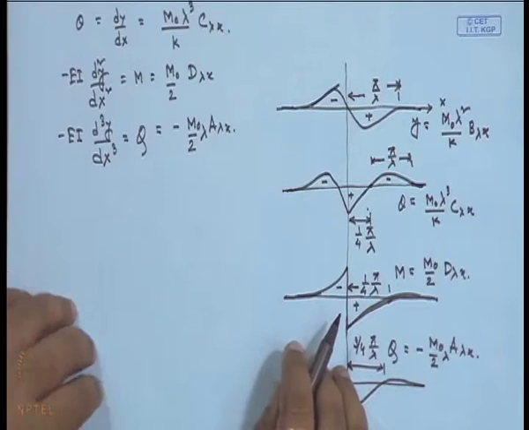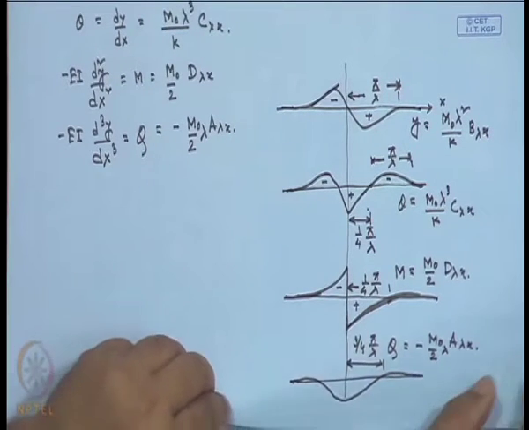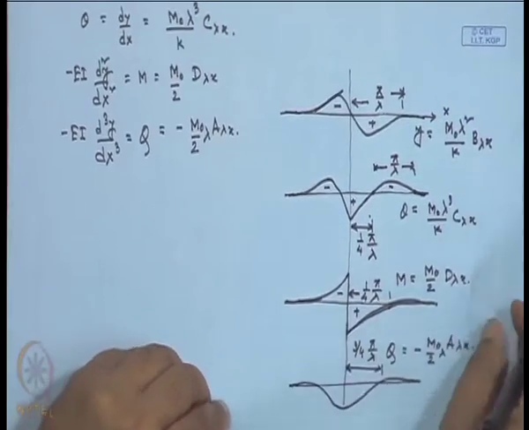So, next one that we will go for, if other cases. This we have discussed for the two cases, one is for the concentrated load and concentrated moment. So, next one that we will discuss for the uniformly distributed load.